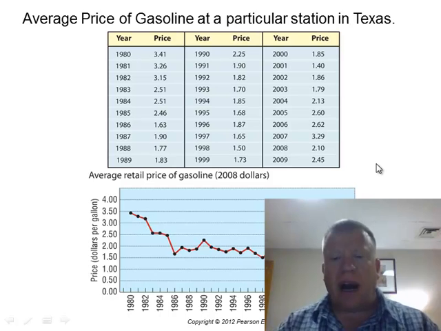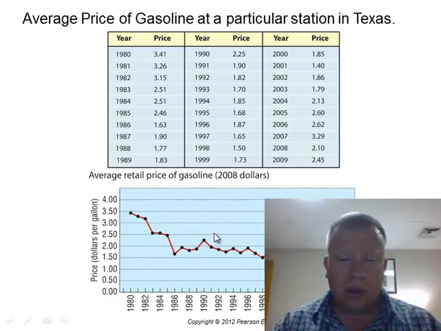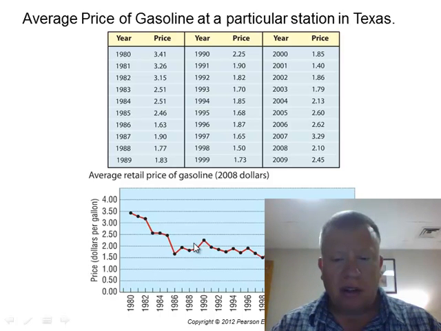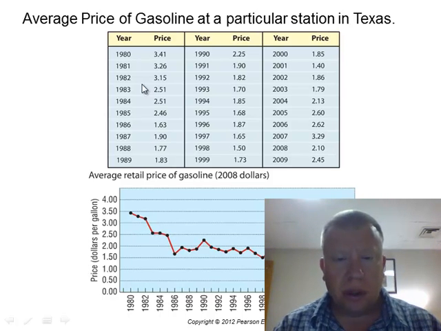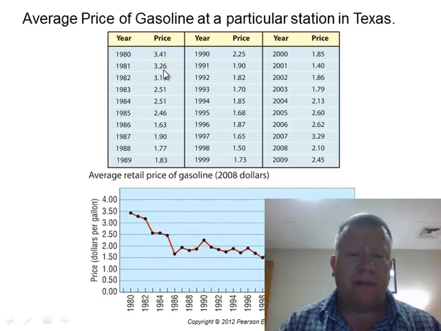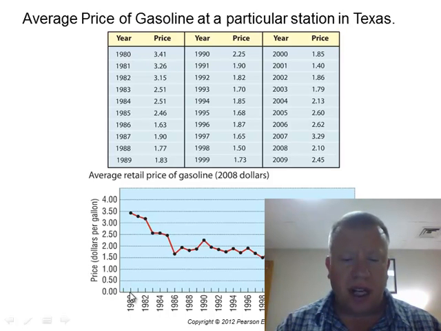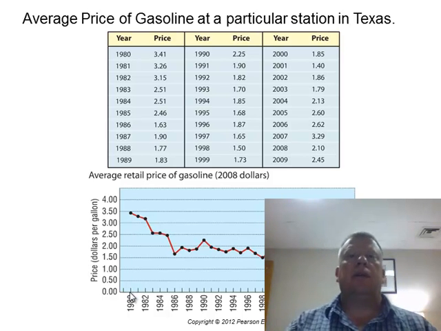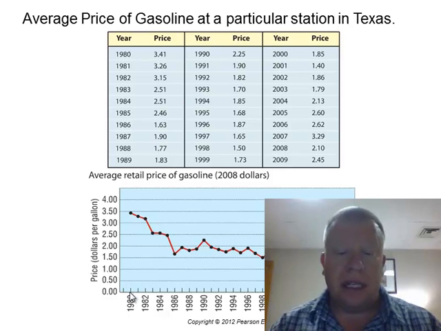How did we graph this? Well, each of these black points comes from each of these ordered pairs. So you want to plot 1980, 3.41. Well, here's 1980 right here on the horizontal, and we're understanding price to be a function of time.